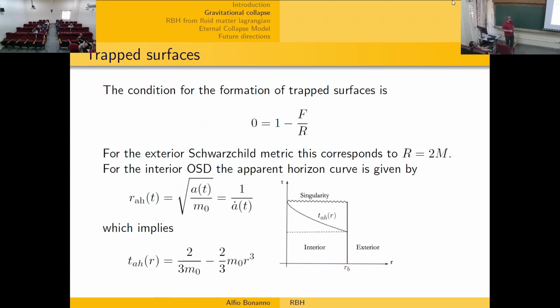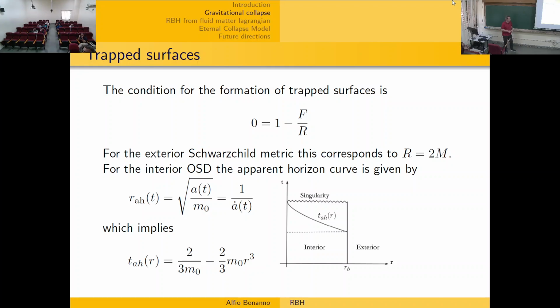Now, here the trapped surface is defined by this condition. This condition is the formation of the first null hypersurface at some coordinate radius, and for the exterior Schwarzschild metric, this corresponds to R equal to 2M. So someone from the exterior will simply see the Schwarzschild solution, and will not know that inside the apparent horizon is moving towards the singularity and eventually will meet it at some given value of time.